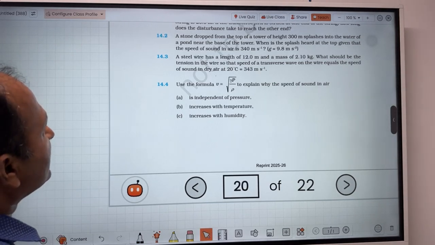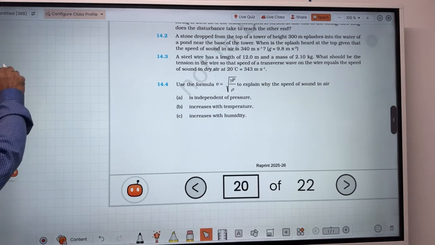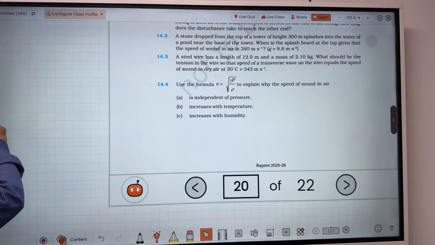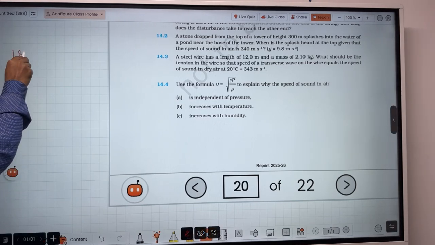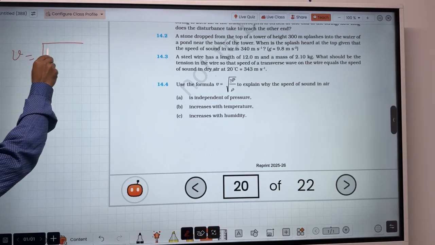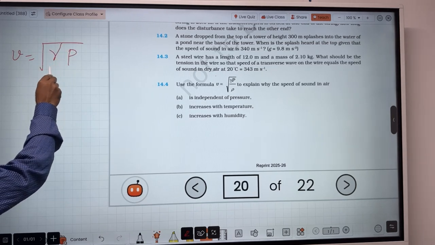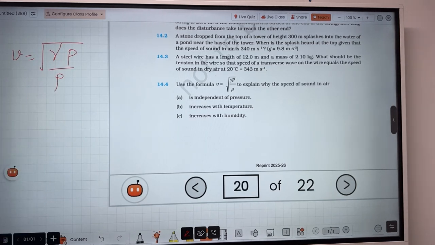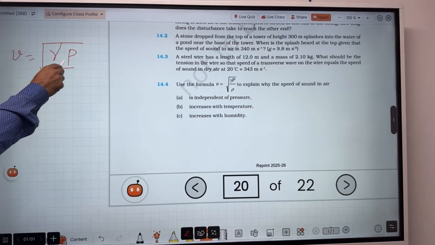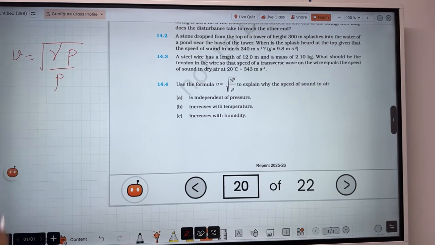Now, the second portion, increase with the temperature. Again, we consider V equal to root of gamma P divided by rho. Now we are going to replace P in terms of temperature.